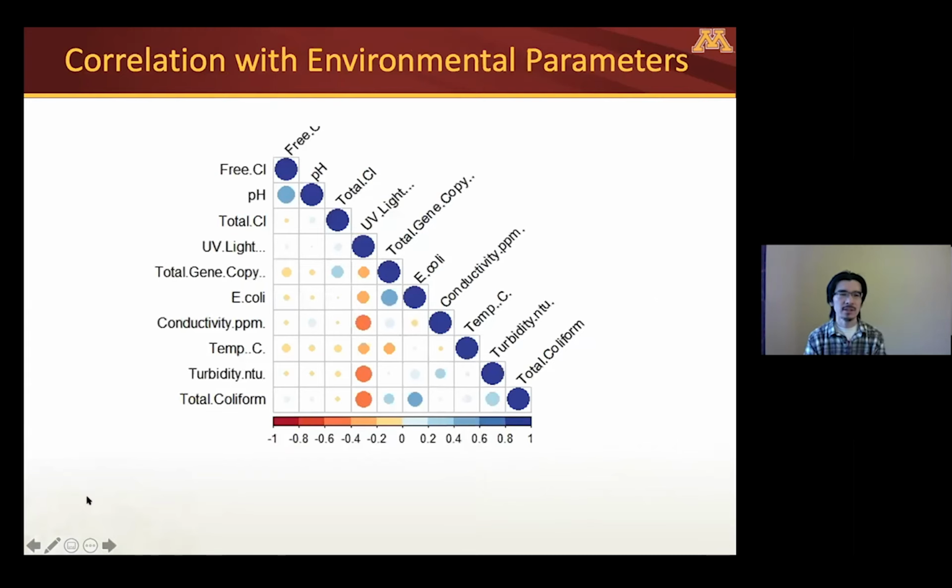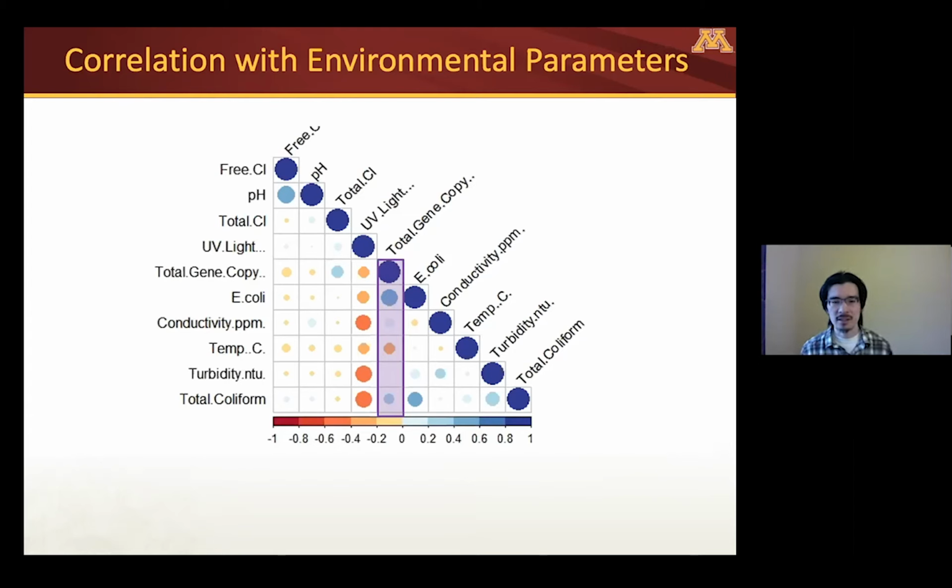We also did some correlation analysis between the total number of genes detected and some of the chemical parameters we obtained. So this total gene copy means the number of genes detected in the samples.